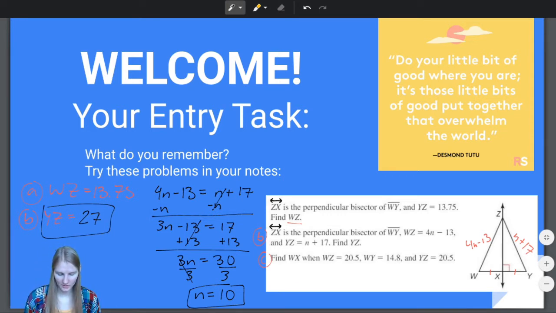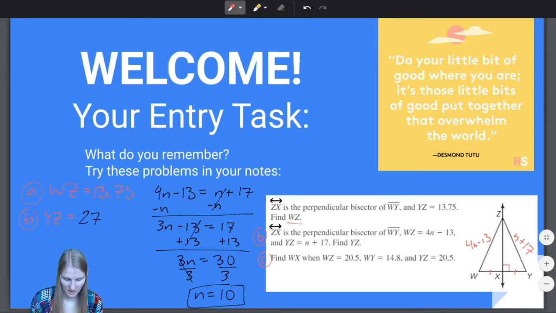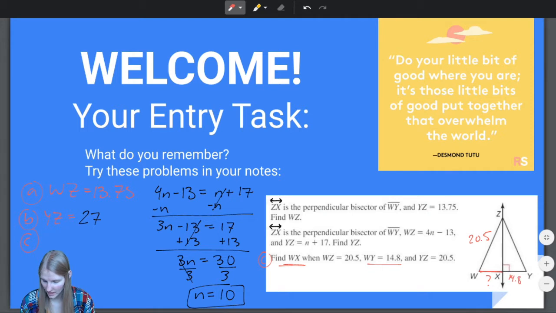All right, and part C. So let me erase part B. For part C, we want WX. So find WX when YZ is 20.5 and WY is 14.8.